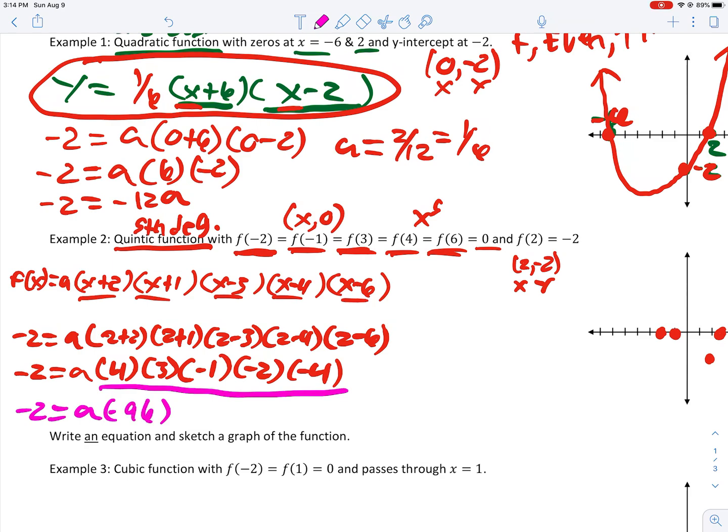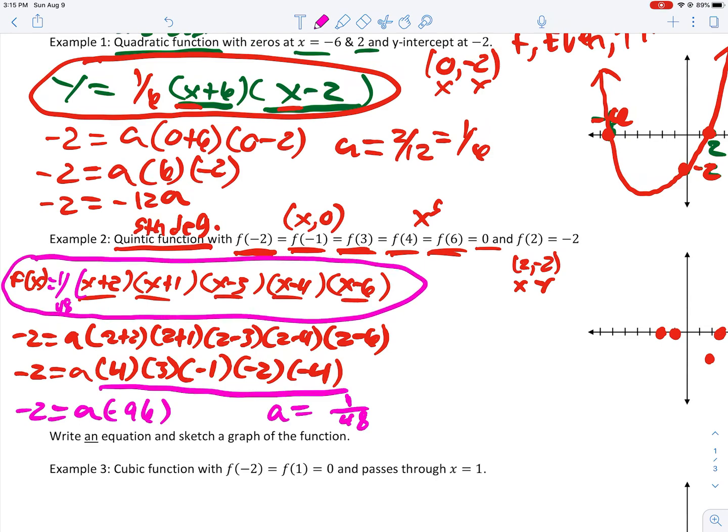Divide. A is a positive 1 over 48. So A is positive 1 over 48. So there's your final equation.